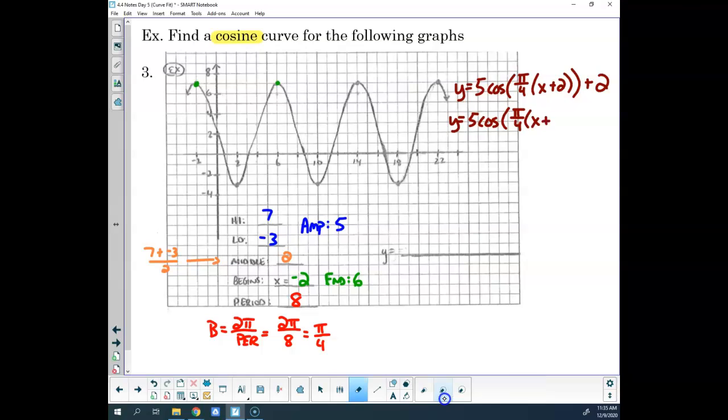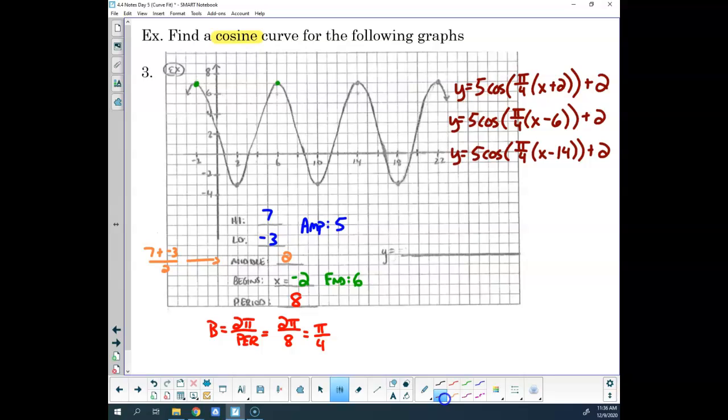Oops, not plus. Minus 6. Yes? Another one? Oh, I put minus 6 again. 3 minus 14. Yes?